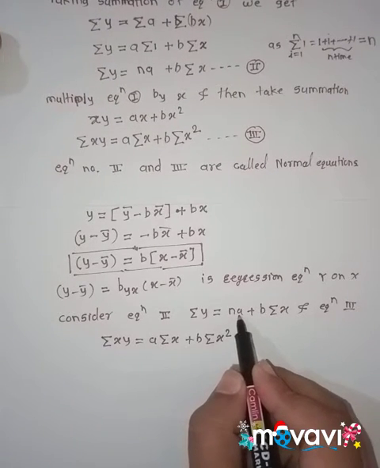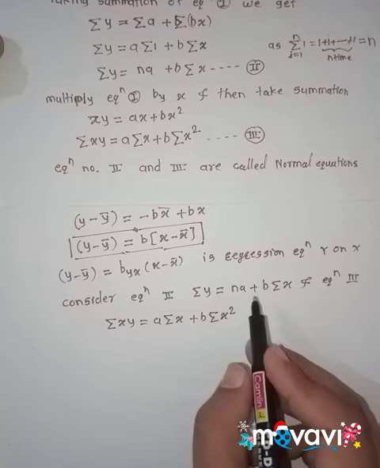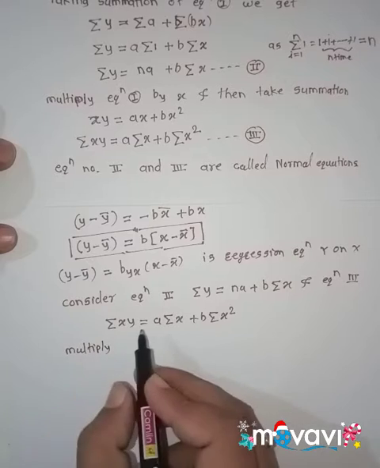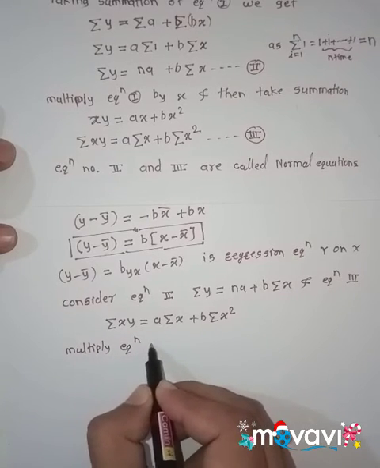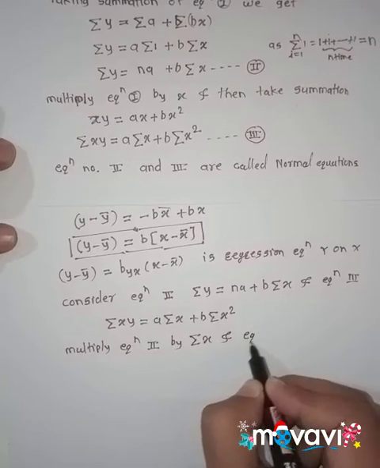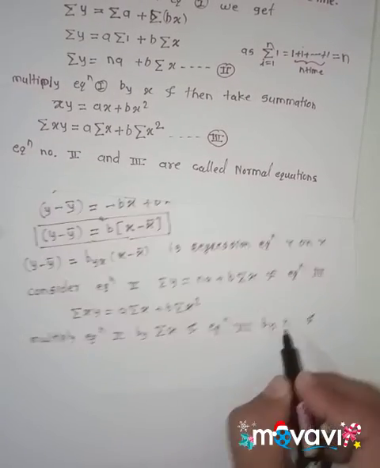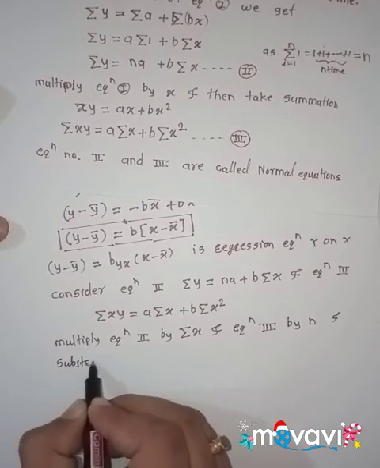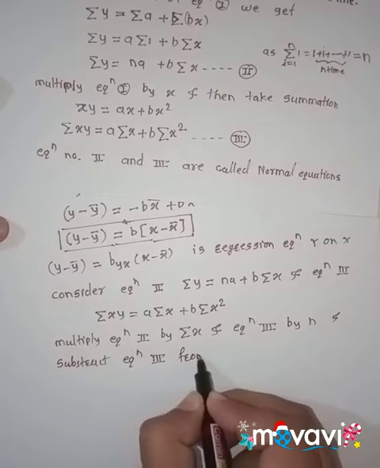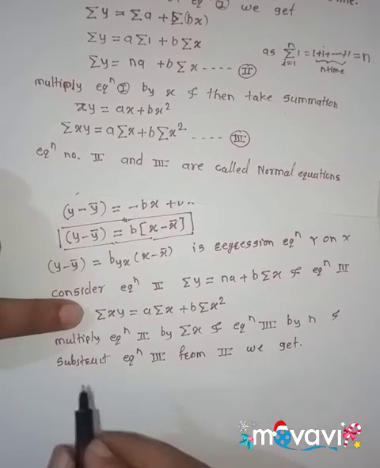So for this we multiply equation number 2 by summation x and equation 3 by n, and then we cancel a. Then subtract.